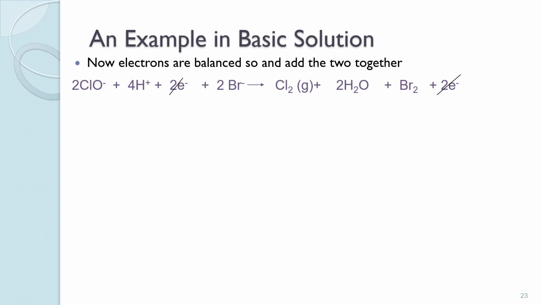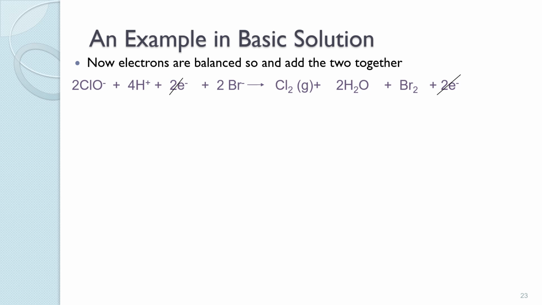But because it's in basic solution, we have to get rid of any H pluses. So what the rule said is to add as many OHs to the side with H pluses. And if you had H pluses on both sides or H2Os on both sides, you could cancel those out first.